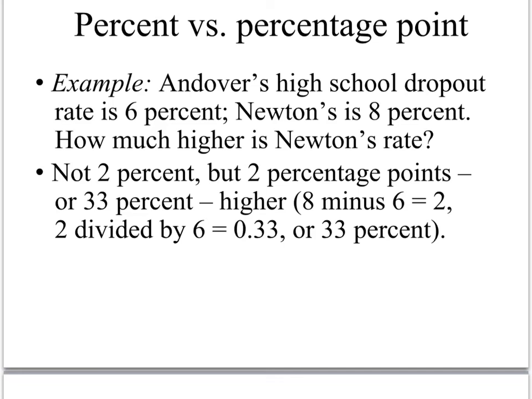Again, you find the difference, you divide it by your first number, you get your decimal, move the decimal point 2 places to the right, and you get 33%. So again, 33% is much, much different than 2%. All right, we've got a 2 percentage point difference, but it's actually a 33% difference.